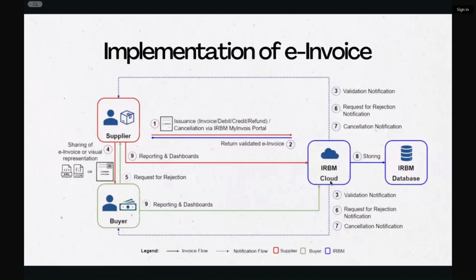If, let's say, the seller is overseas, you as the buyer have to issue the e-invoice. We call it self-bill, which I will share later on. And if you are the supplier, for instance, you are selling things, then you have to issue the e-invoice.